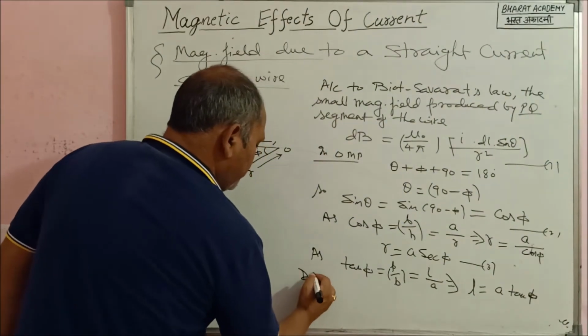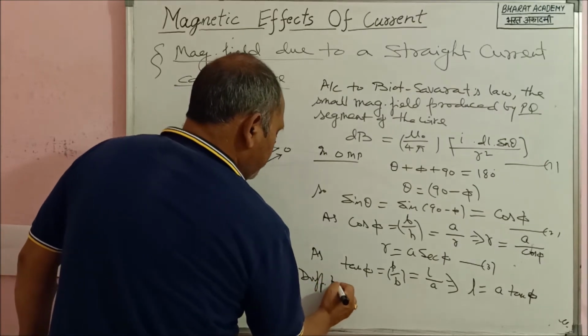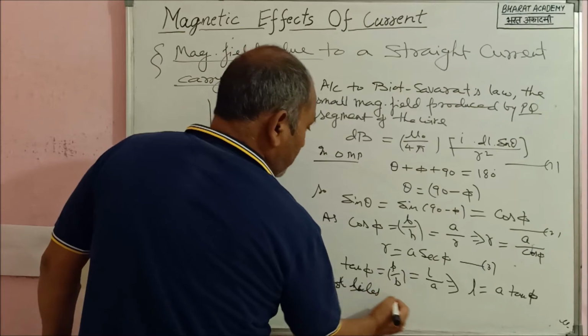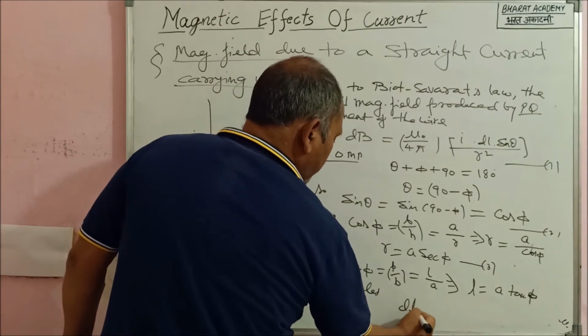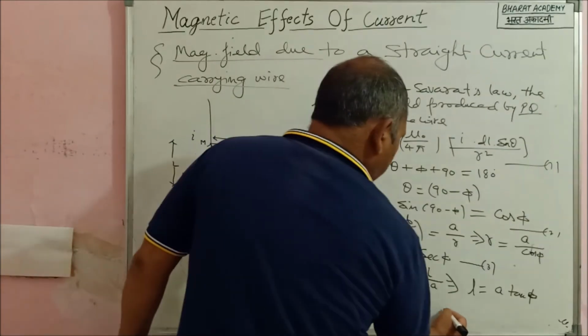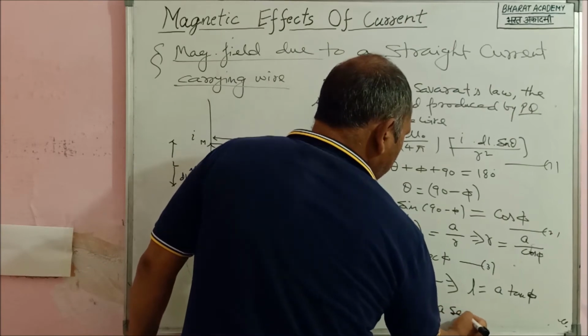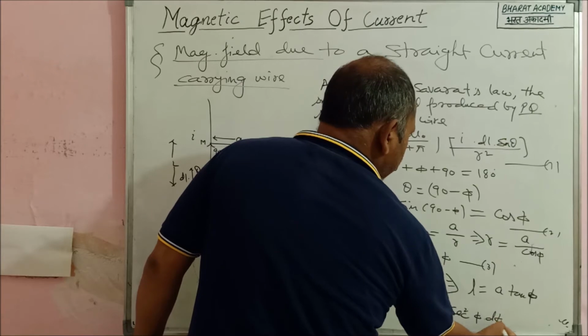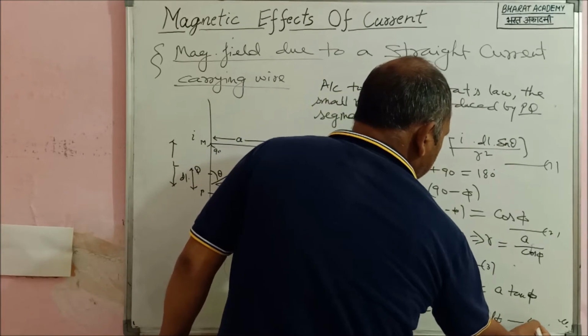Differentiating both sides, what we will get? dl is equal to A sec square phi d phi. This is the third substitution.